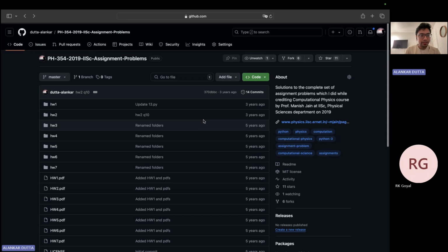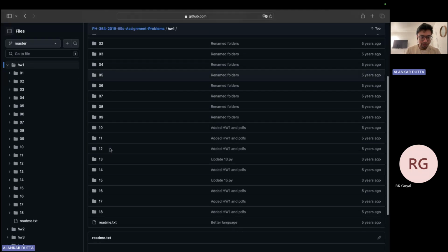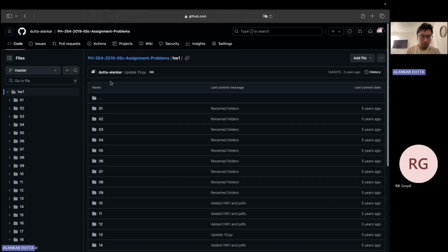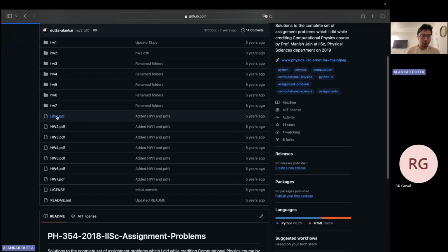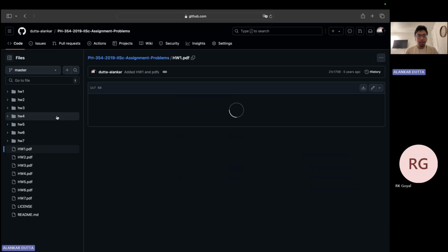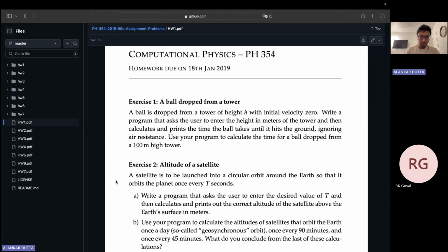Okay. And this is the repository which I was talking about. Hopefully you are able to open it. So if you go to this directory, homework one, let's go to this homework one, the PDF. This is a PDF of the assignment questions which I was talking about. The idea is that we are going to go from homework one to homework two, all the way up to homework seven, given there is enough time.